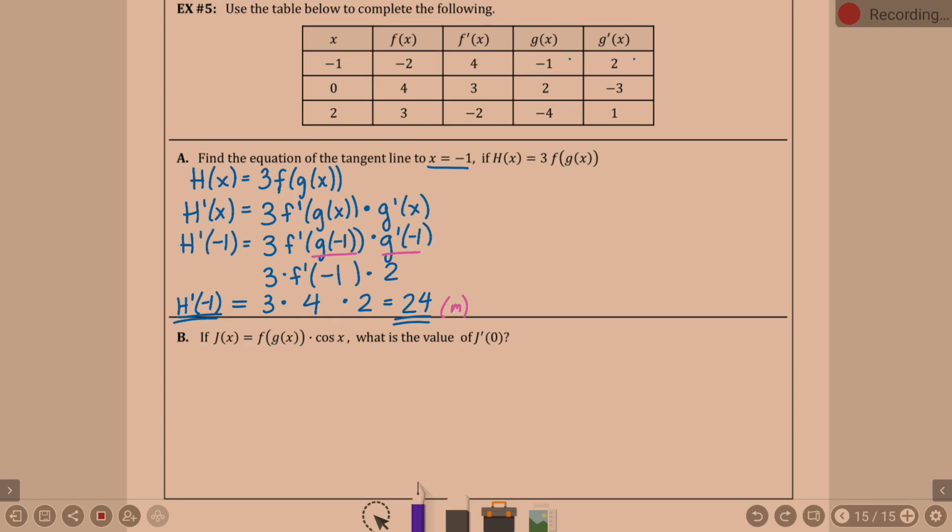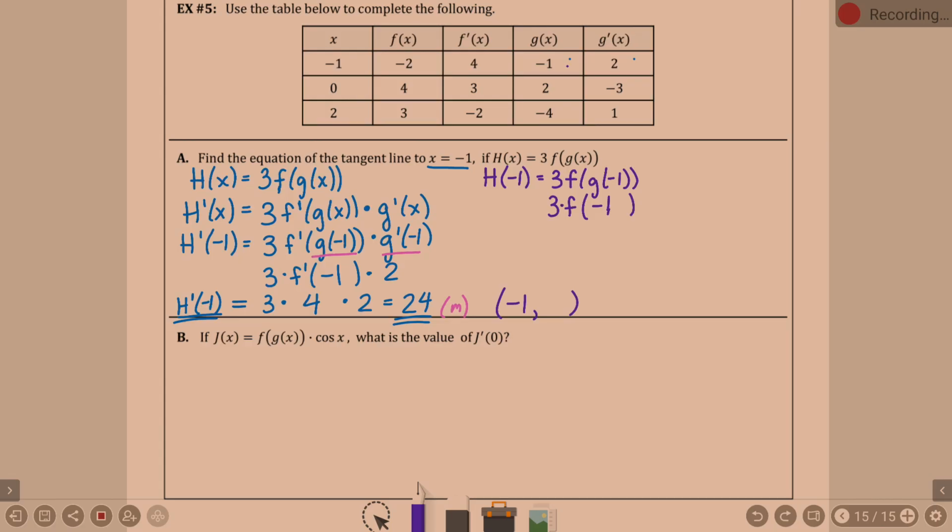My x value is negative 1. So I know that it's going to be negative 1 comma something. How do I find the y value? Just put negative 1 in that first equation. Okay, plug in negative 1. So we're finding h of negative 1, which is 3 times f of g of negative 1. g of negative 1 is negative 1.